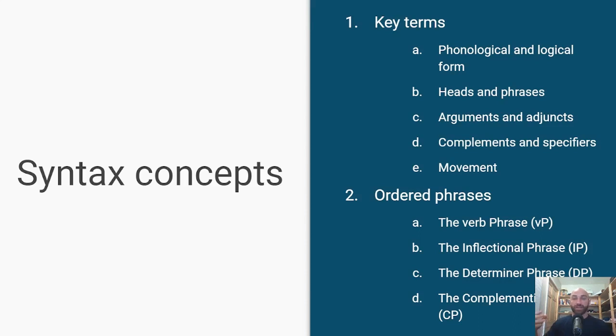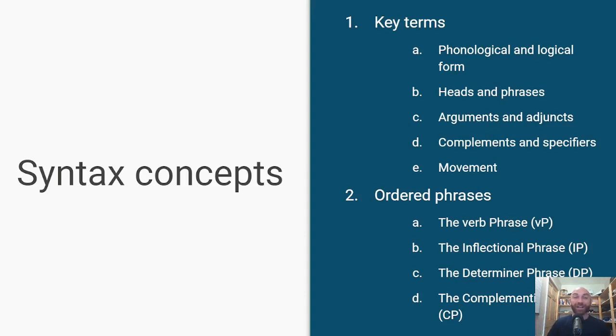So this was the pot broke versus the engine coughed, where the pot broke has a different structure than the engine coughed. And we know this because we can add an agent to the pot broke, and we cannot do that with the engine coughed. So this underlying difference in their structures accounts for how they behave differently in a variety of syntactic contexts.